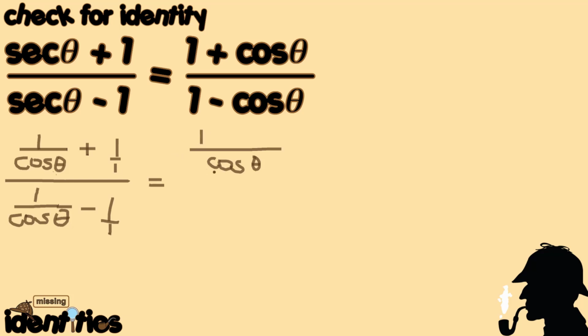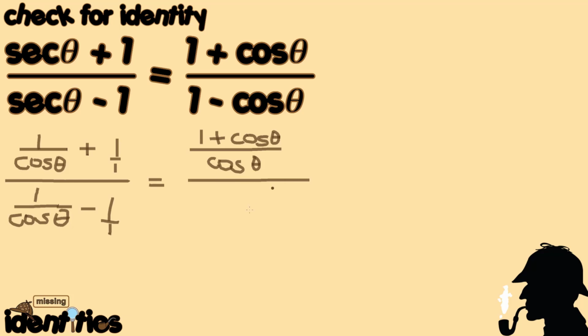On our second term, cosine theta divided by 1 is cosine theta, times 1 is cosine theta as well. If we separate this, cosine theta over cosine theta is just equal to 1, and the first 1 over cosine theta will just return to secant theta, the original given. Take note that it's addition, so we add here as well.